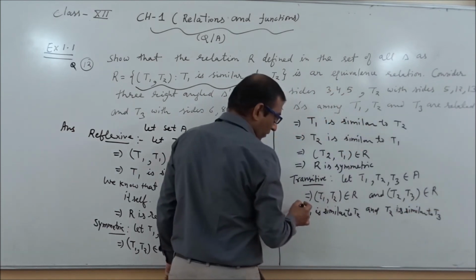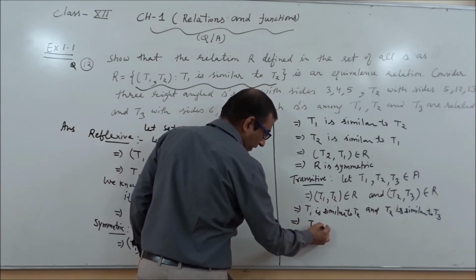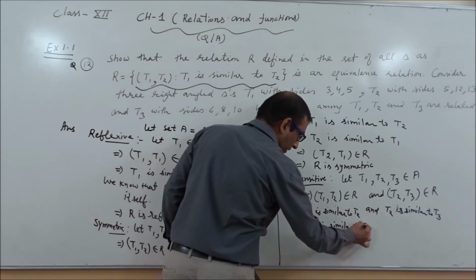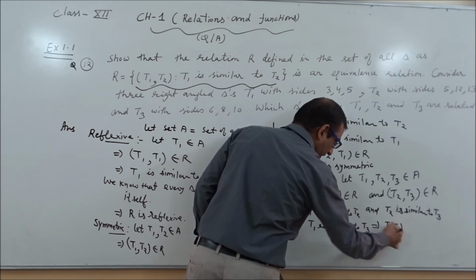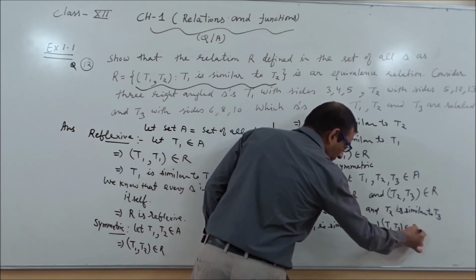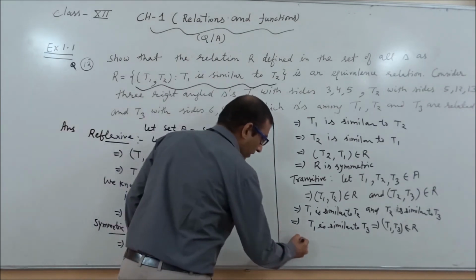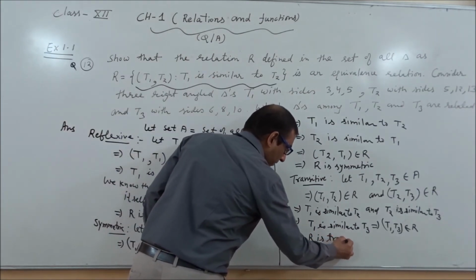So for this whole statement we can say T1 is similar to T3. It means (T1, T3) is also a member of R. It means we can say R is transitive.